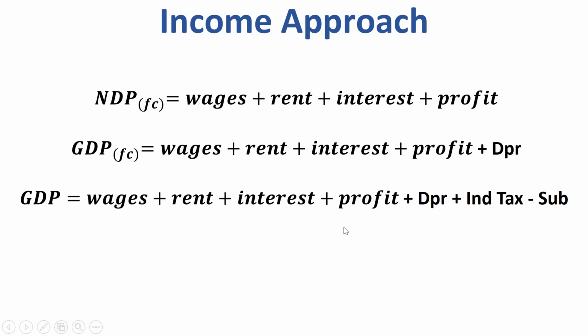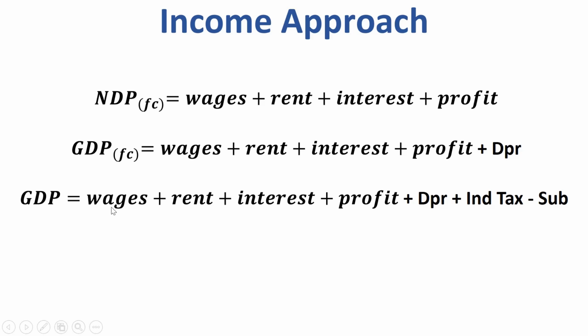So now we have arrived at the formula for the income approach to GDP. What this relation is telling us is that when we are using the income approach to GDP, first we need to add up all the factor incomes. So we take labor, the factor income for labor being wages or salaries or whatever form of employee compensation we pick.